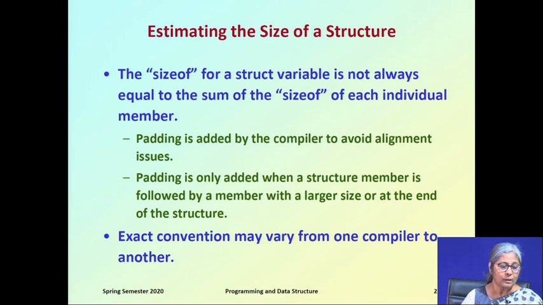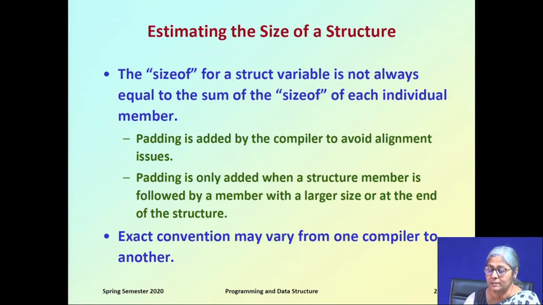So, for symmetry, another 4 bytes will be added to these 4 bytes to avoid some alignment problem, because both should be aligned. So, this is called padding.